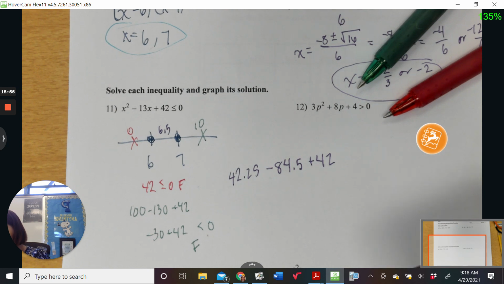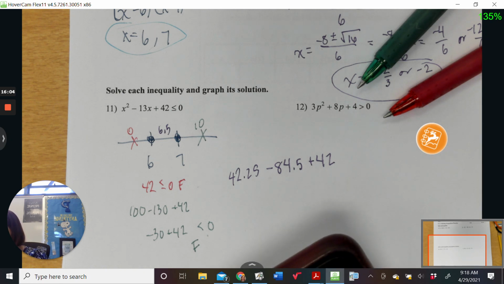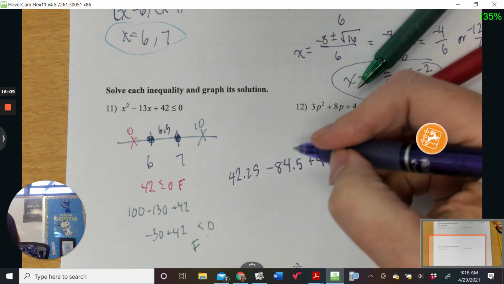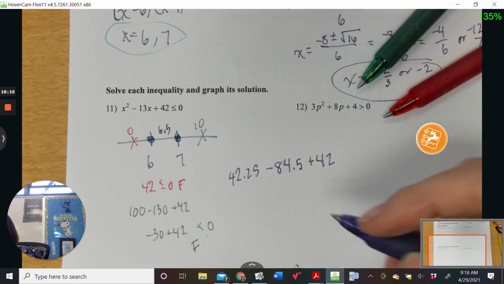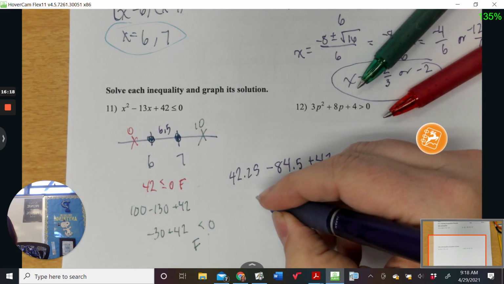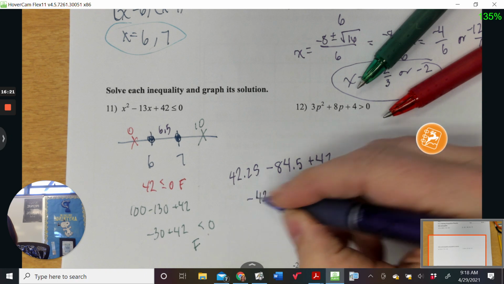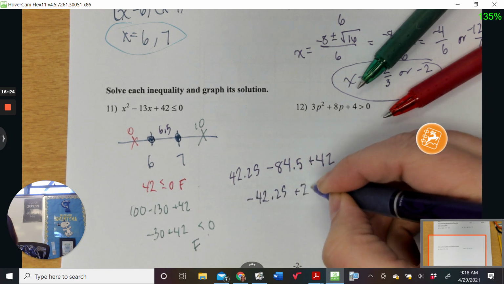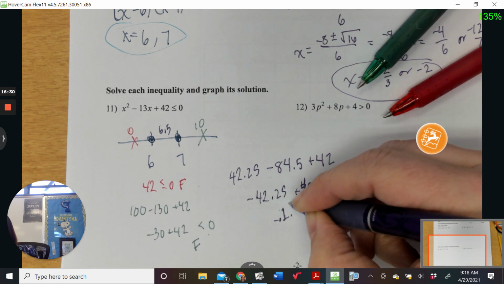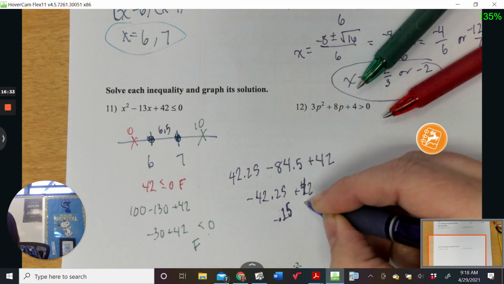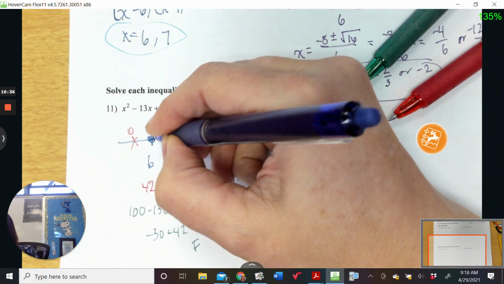So this gives me negative 42.25 plus 42, which is negative 0.25. And so that's smaller than 0. So yeah, that one's true, and my answers are in here.